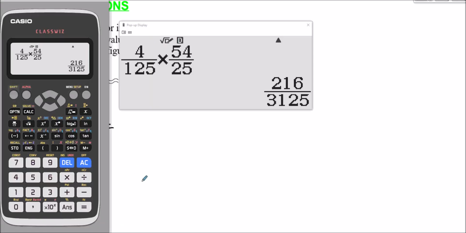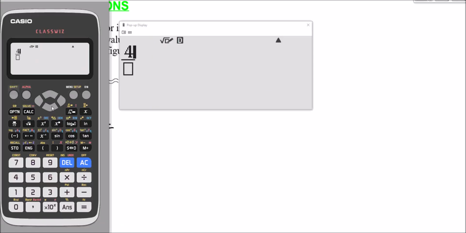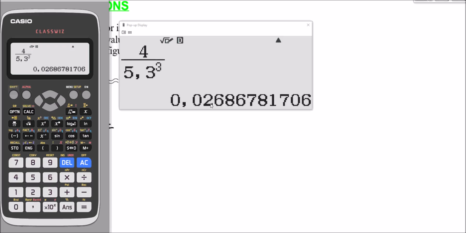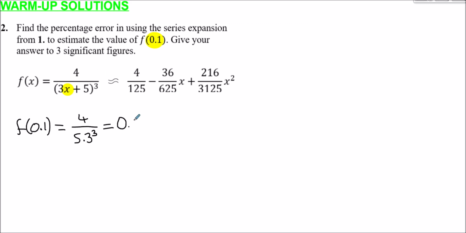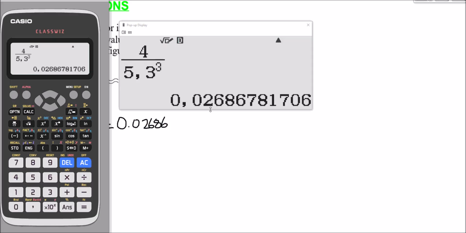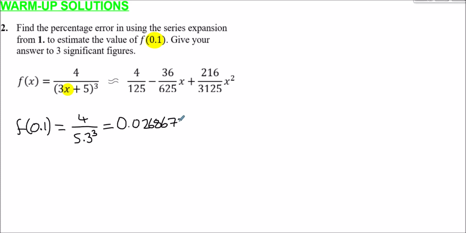Let's see what we get there. 4 divided by 5.3 to the power 3 gives us this very long, awkward value here. So write down all the numbers on your calculator display for now. So it'd be 0.02686 781706. So this here is what f of 0.1 is exactly.